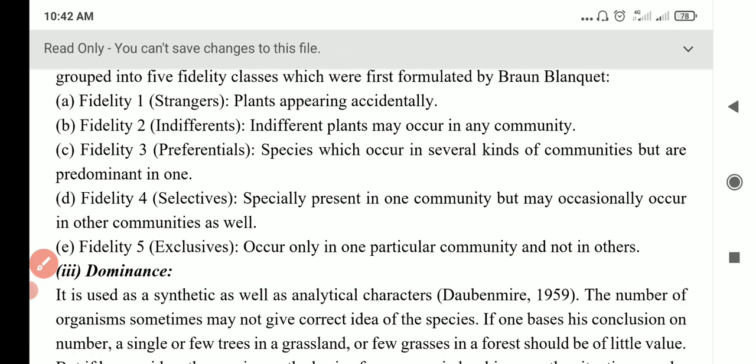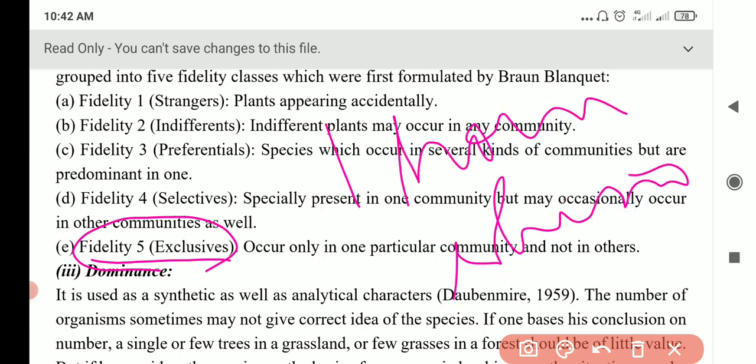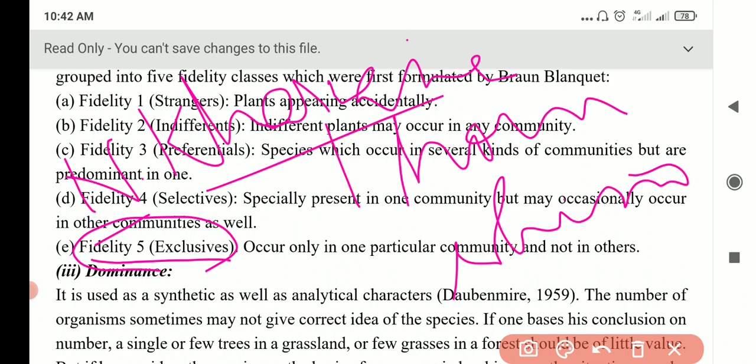Then let's look at fidelity number 5. These are your exclusives. Just like the one-horn rhino, then you have your Nepenthes khasiana. They cannot survive anywhere else. The one-horn rhino can only survive in Kaziranga, right?